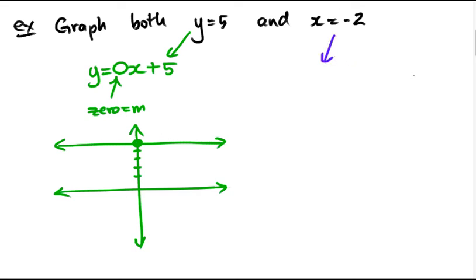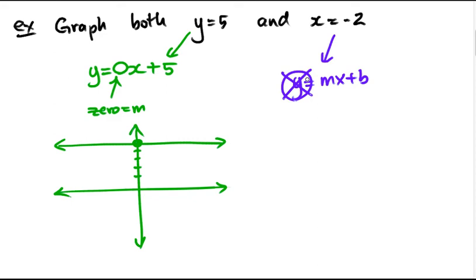Something different happens with x equals negative 2. You can't make it equal to y equals mx plus b because there wouldn't be any y's. So since you can't convert it to y equals mx plus b, you cannot use y equals mx plus b to graph it. That means it doesn't have a slope of 0, because we graphed one right now that had a slope of 0, and it doesn't have any other kind of slope that exists either, or else it would be of the form y equals mx plus b.